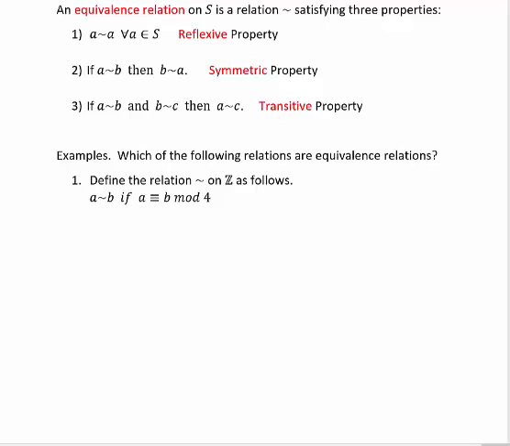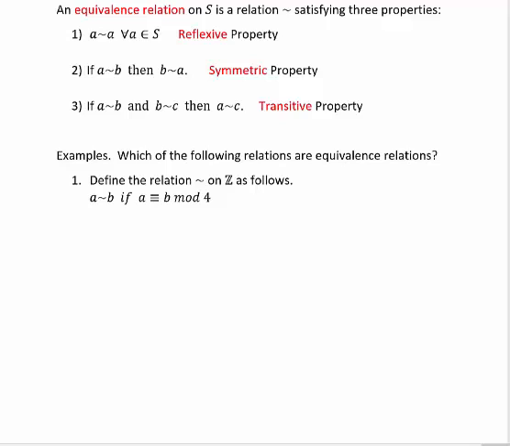An equivalence relation on S is a relation, in other words, a subset of S cross S, squiggle I'll call it, satisfying 3 properties. 1, A squiggle A, for all A in S. It is called the reflexive property. 2, if A is related to B, then B is related to A, the symmetric property.